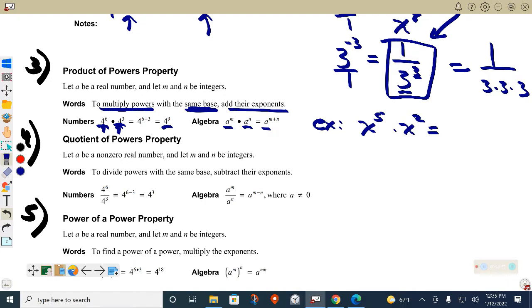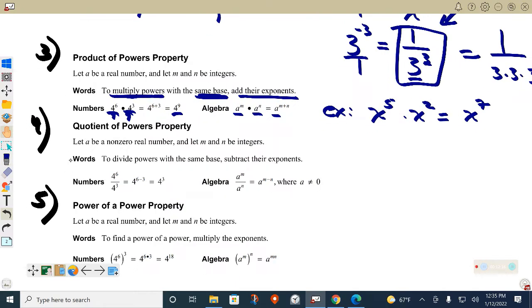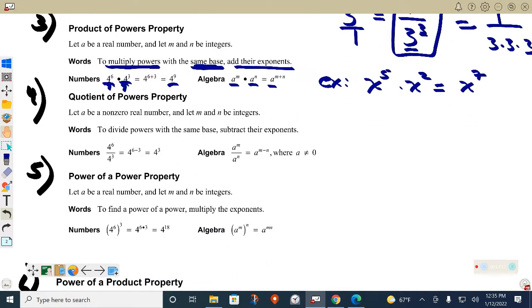So all we do is do what it says. Add the exponents. X to the 7th. It's ridiculously easy. That's too easy. I'm just done with one example. Let's go on to number 4. I don't want to insult your intelligence. It's so easy.